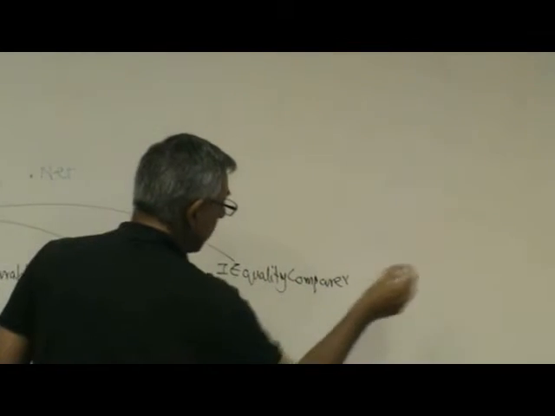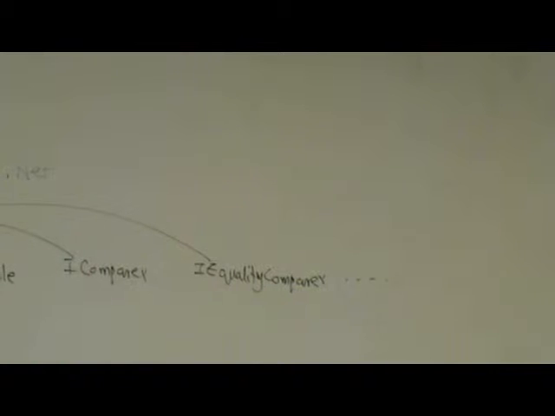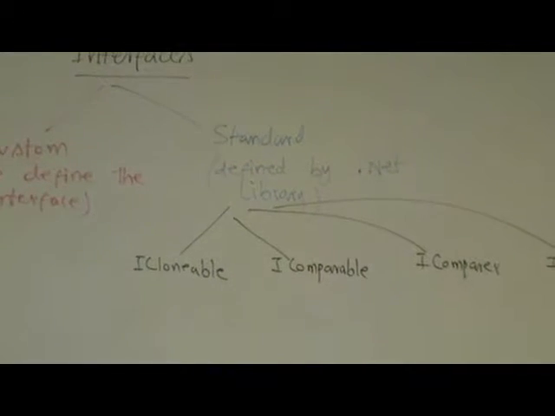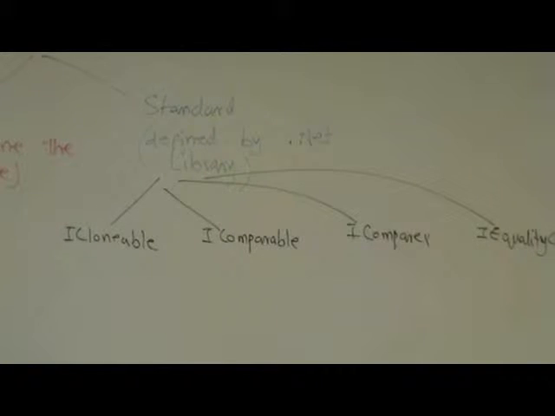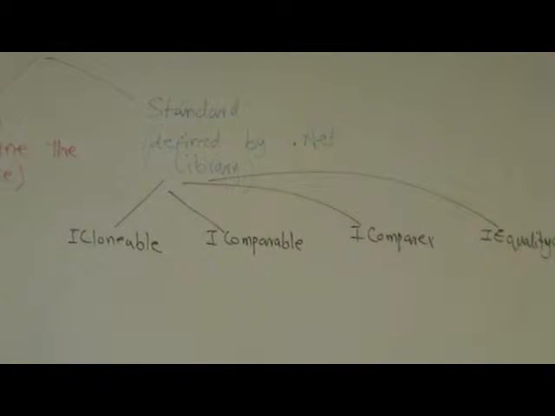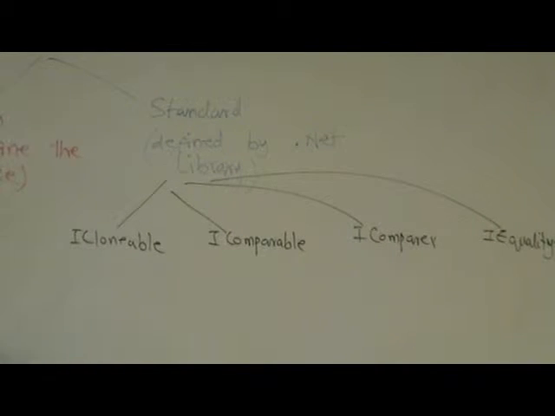And as time permits, we can take a look at some other interfaces as well. But at least the first three of these, everybody should feel very, very comfortable. How do we program them? How do we use them? What's the purpose of these interfaces?